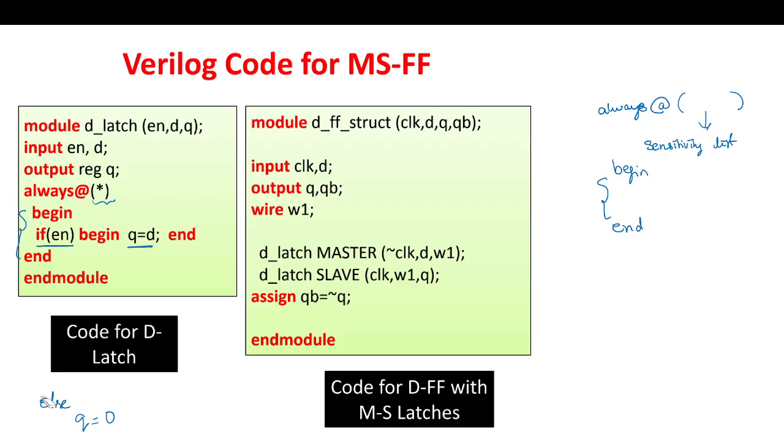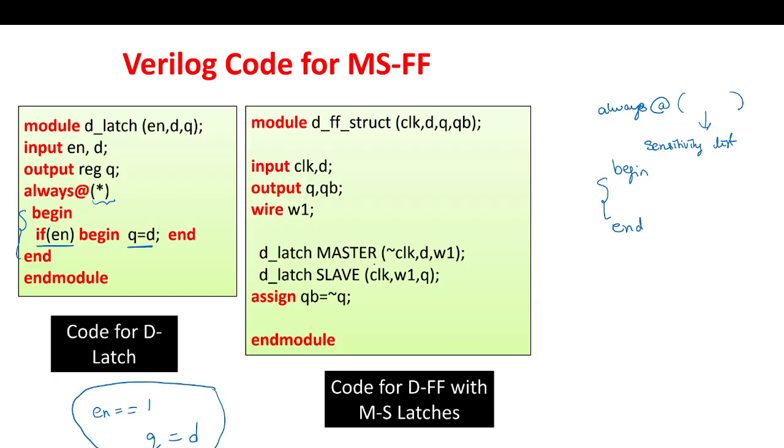Or no, we want to maintain it, so we can write Q is equal to Q. Whenever the enable is equal to 1, we want the output of Q to be the D value.